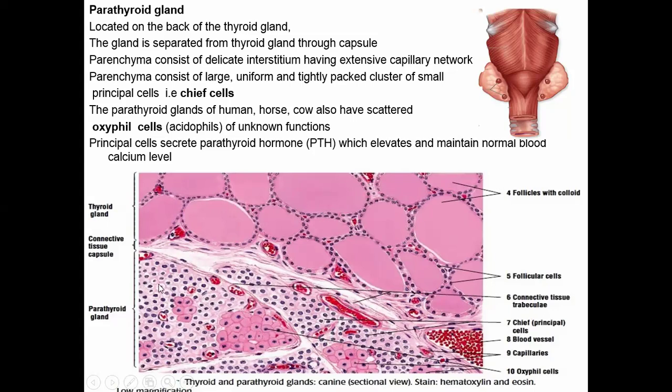These are the principal cells, and these are the oxyphil cells, and the oxyphil cells have diverse functions, while the chief cells produce the various types of parathyroid hormones. And this one shows the connective tissue layer, and you can see the various blood vessels here in this diagram.